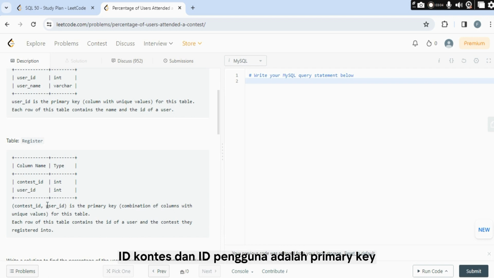Contest ID and user ID are the primary key, or combination of columns with unique value, for the register table, and each row contains the ID of a user and the contest they registered into.